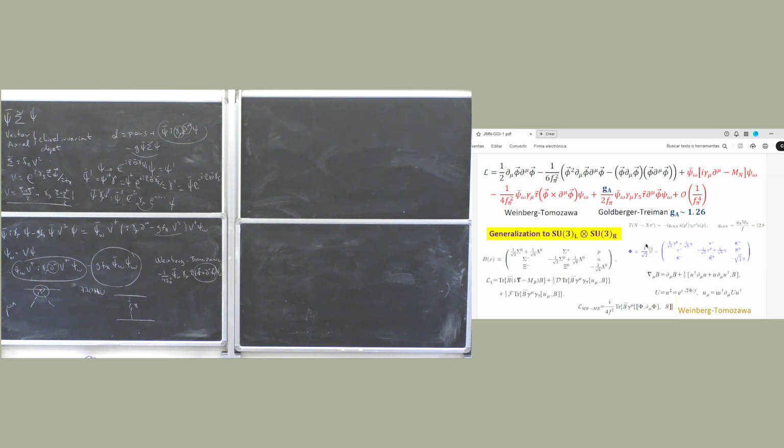Here, well, I need two inputs, right? I need the nucleon mass and Fπ, okay? Because in an effective theory, you have constants and you don't know the value of the constants.